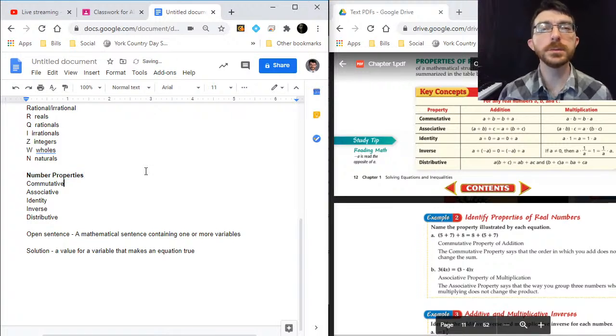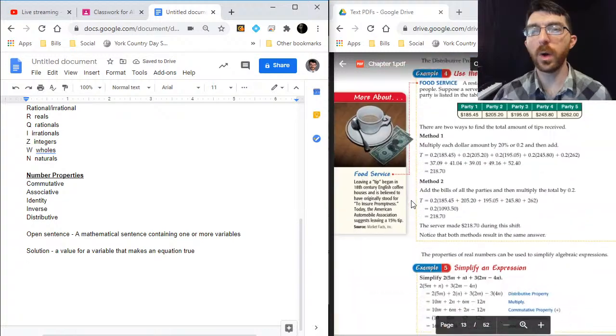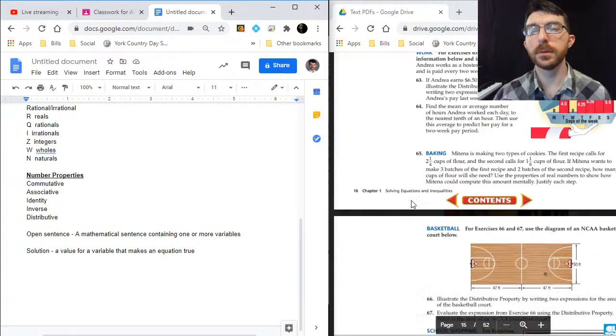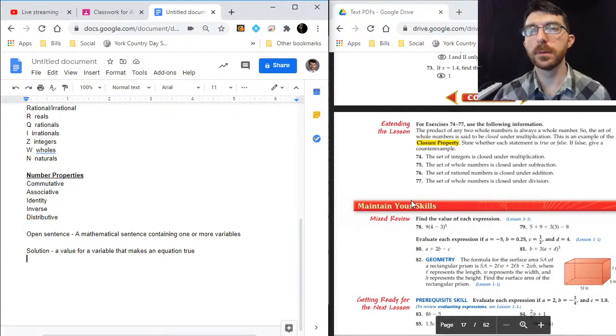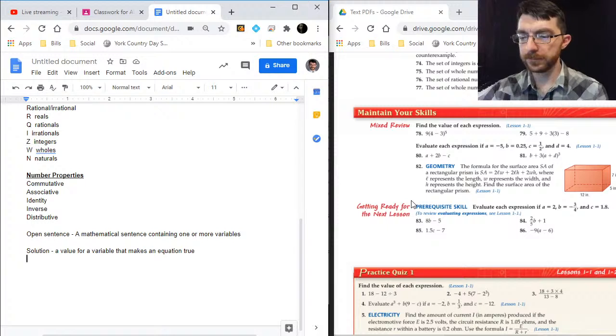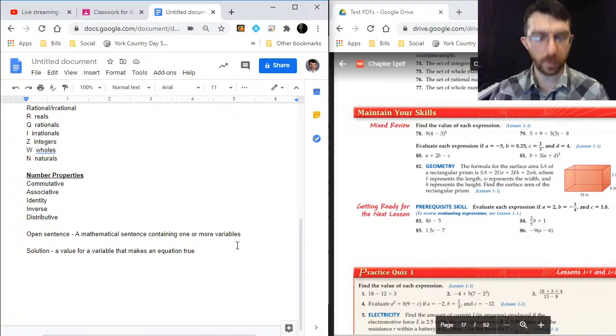There we go. And now properties of equality. All right, let's see here. Properties of equality.